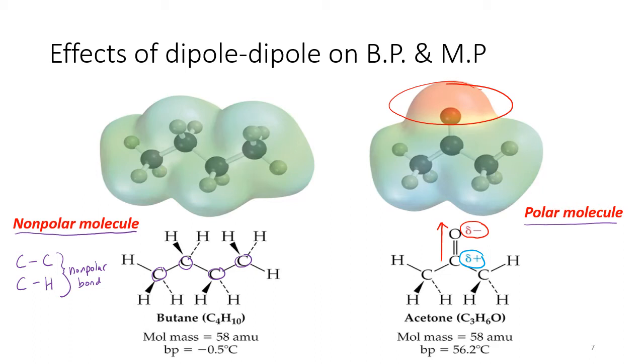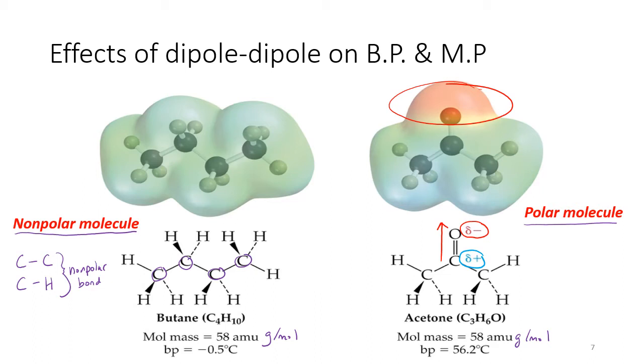Also notice that butane and acetone both have the same molar mass. They both have a molar mass of about 58 grams per mole. This makes them good to compare the physical properties because sometimes the size of a molecule can impact the boiling point and melting point as well. Notice in butane, which is nonpolar, the boiling point is negative 0.5 degrees Celsius.